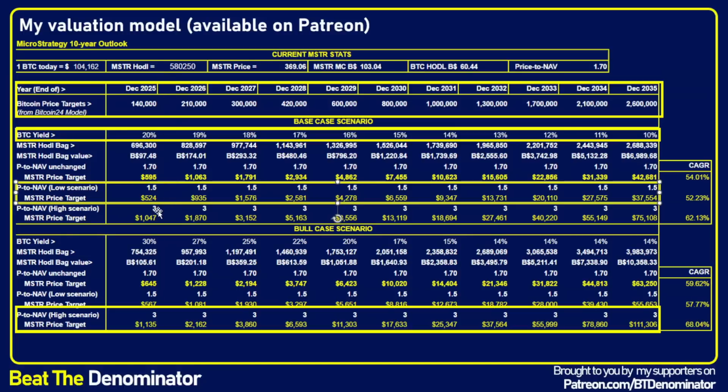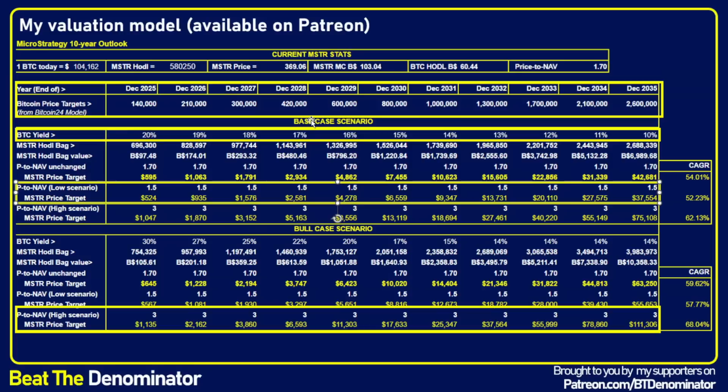And so how do you read this chart? Well, if in December of 2025, the price of Bitcoin is 140,000, and if we achieve above and beyond what we already have, we achieve another 20% yield, and if the price to NAV drops from a 1.7 to a 1.5, then the price of MicroStrategy shares will be 524.